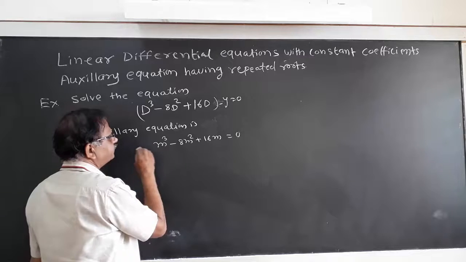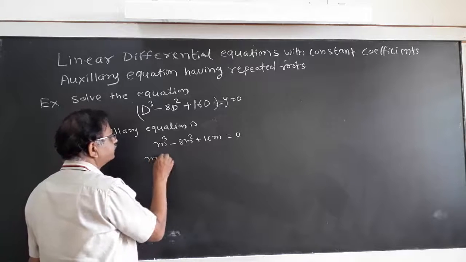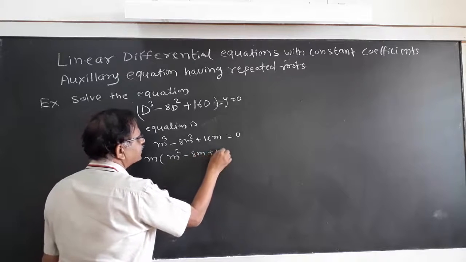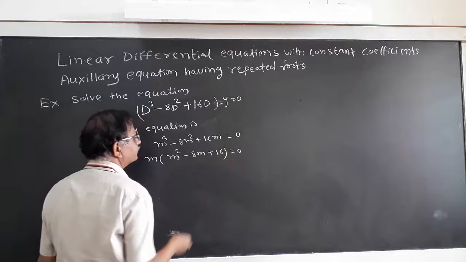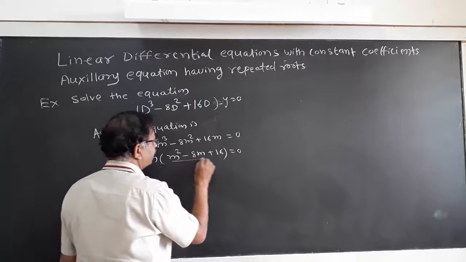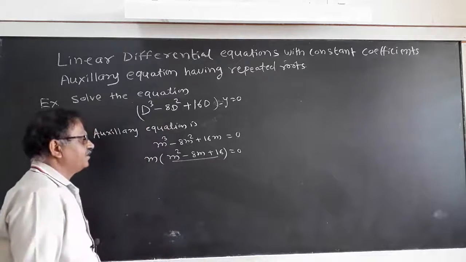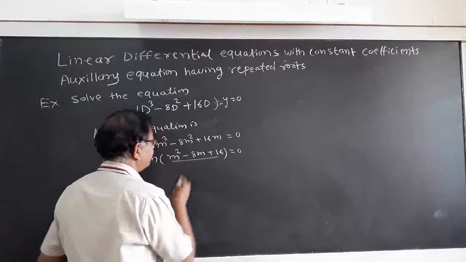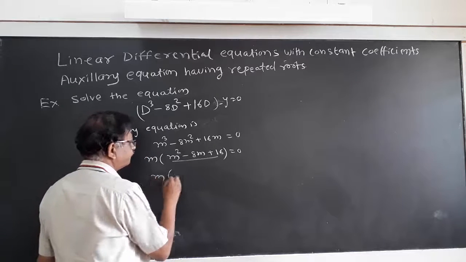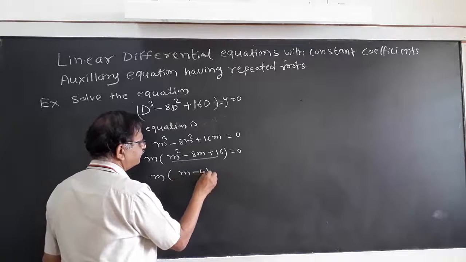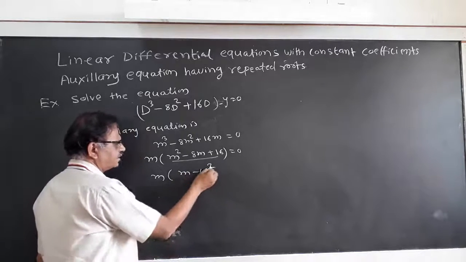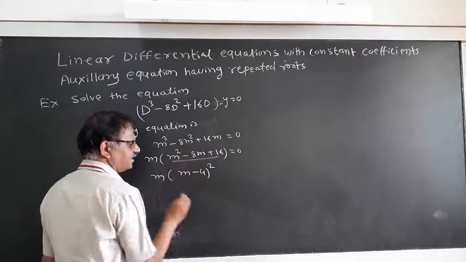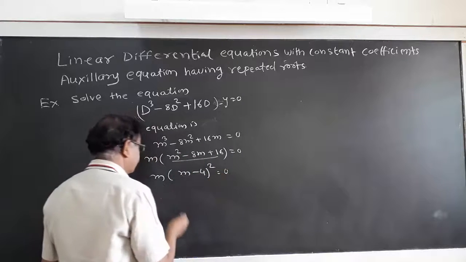Then m can be taken common: m square minus 8m plus 16 equal to 0. Now we have to factorize this m square minus 8m plus 16. This is the perfect square of (m minus 4). See, (m minus 4) square equals m square, 4m into 2 is 8m, 4 square is 16.